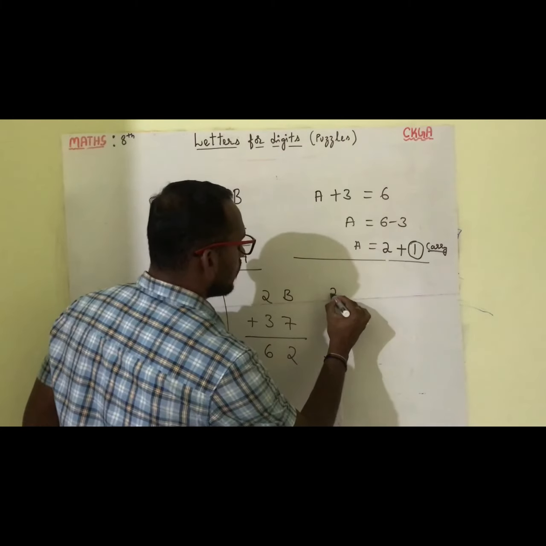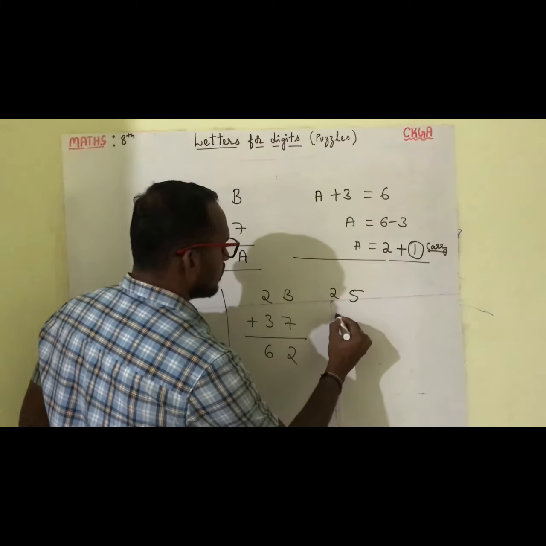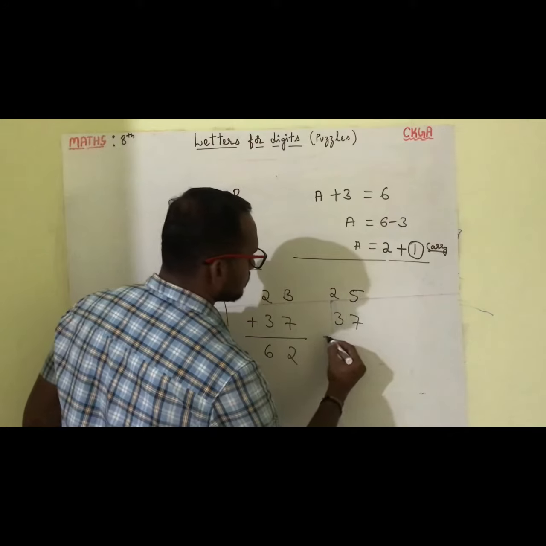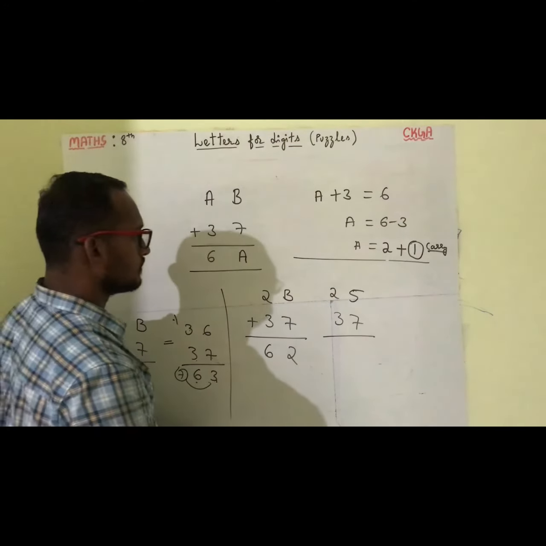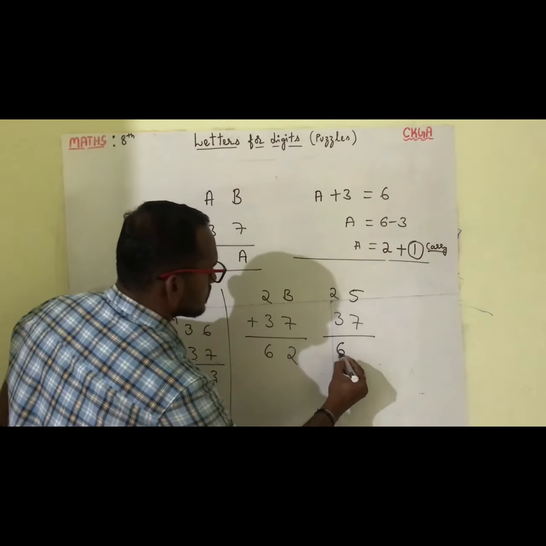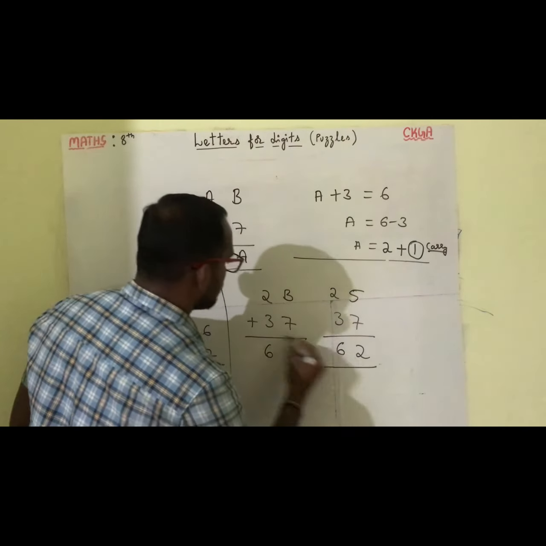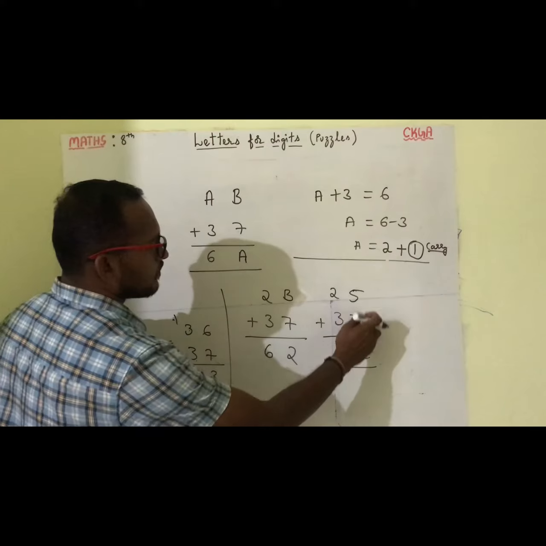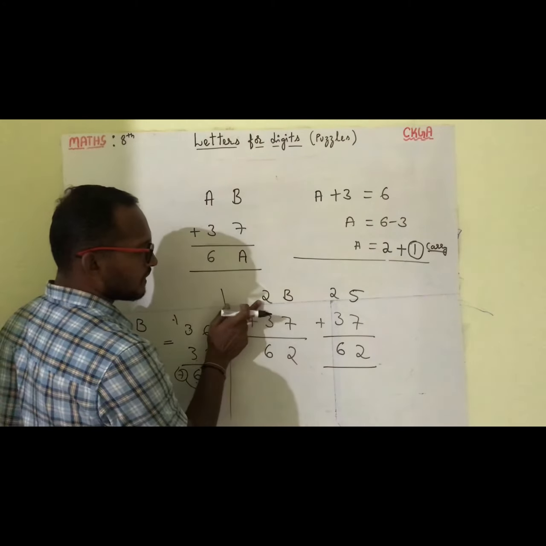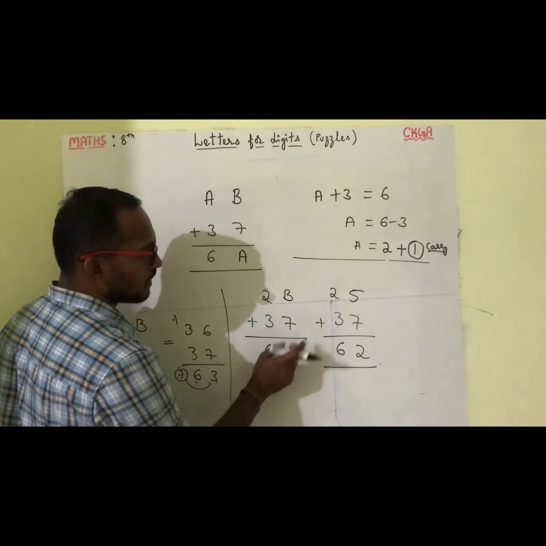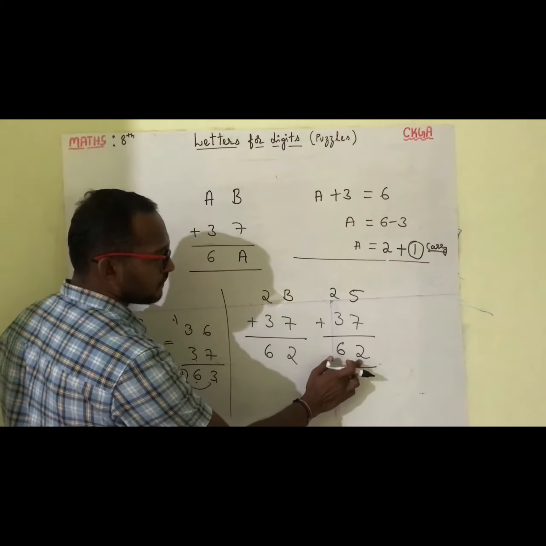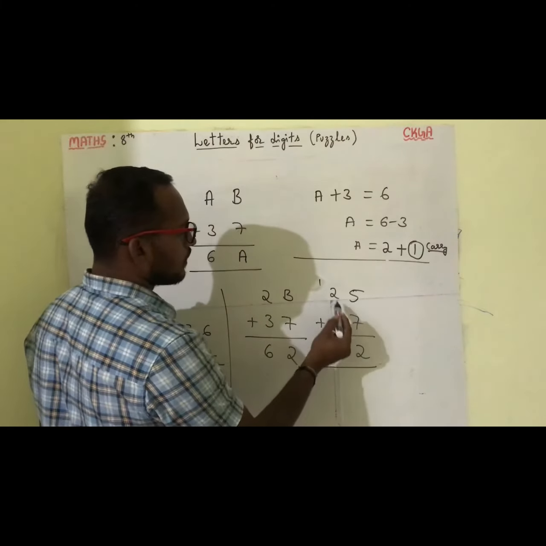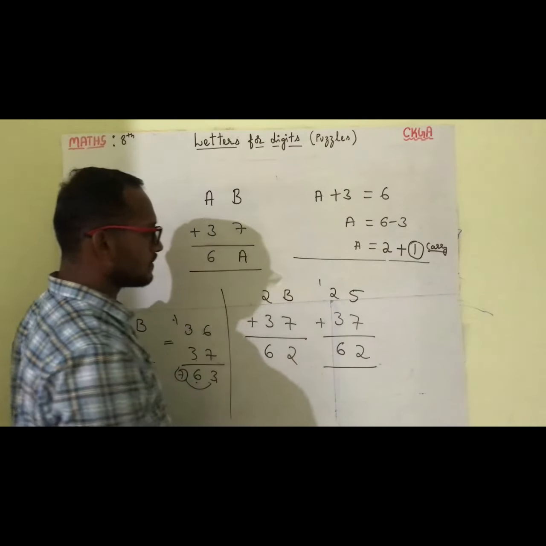Then it becomes 25 + 37 = 62. Let's see whether it's balancing or not. 5 plus 7 is 12, 1 remains as a carry, 3 plus 2 is 5, plus 1 is 6, so it is balancing.